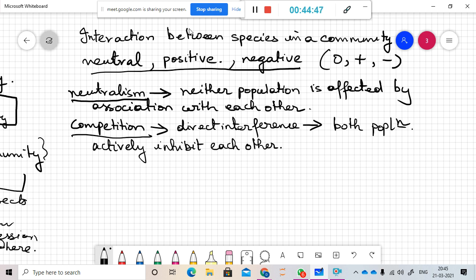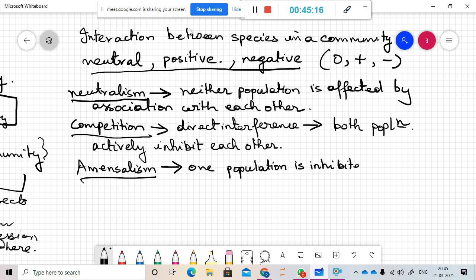Then we have amensalism. In amensalism, one population is inhibited and the other is not affected.